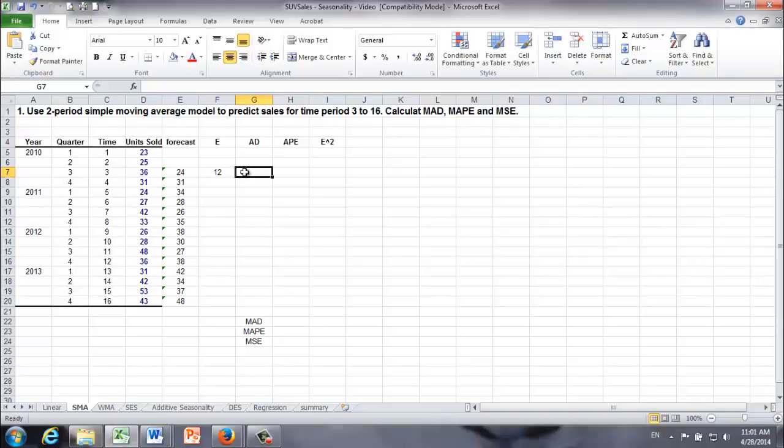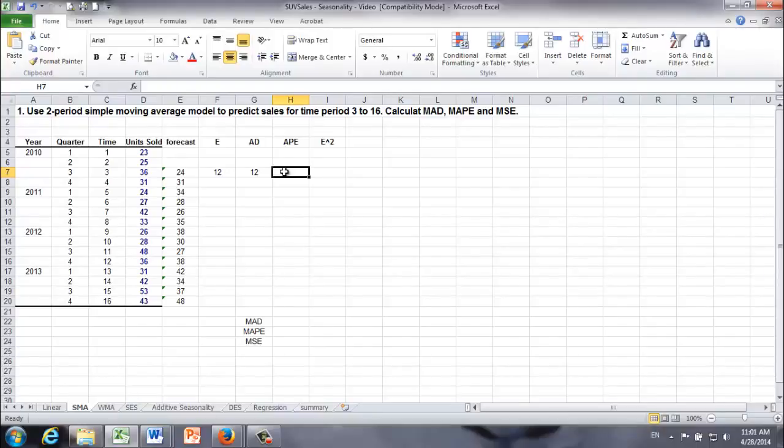In G column, we're going to calculate AD, which means absolute deviation. It's nothing but the absolute value of forecast error. Well, of course, the first forecast error is a positive number, so the first AD is equal to the forecast error in this case. Next, in H column, let's calculate APE. It's absolute percentage error.